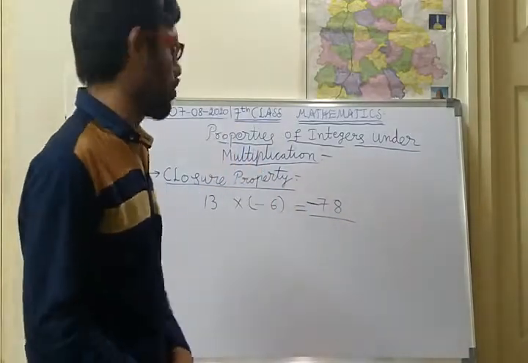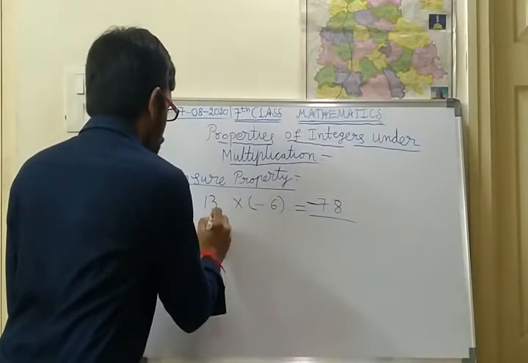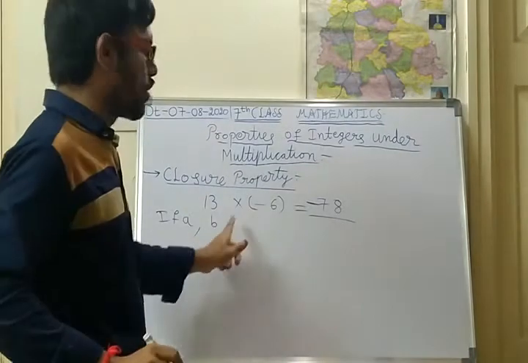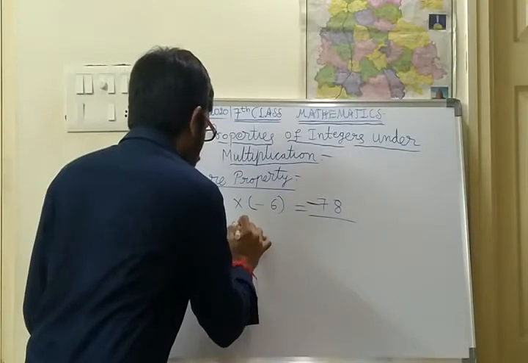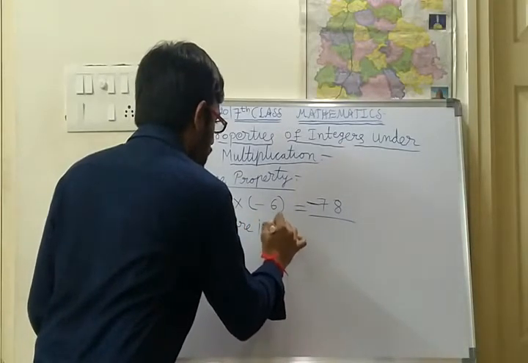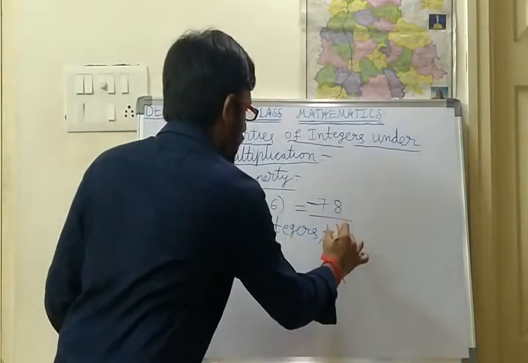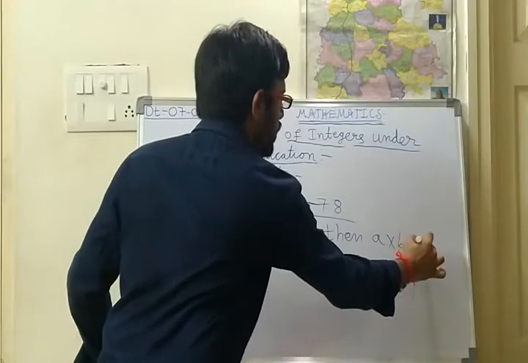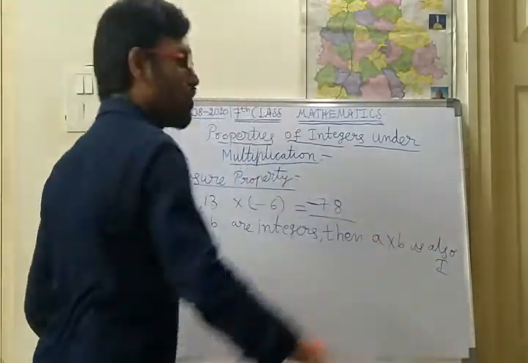With the multiplication symbol also. So finally what we can say: if a and b are any two integers, then a into b is also an integer only.